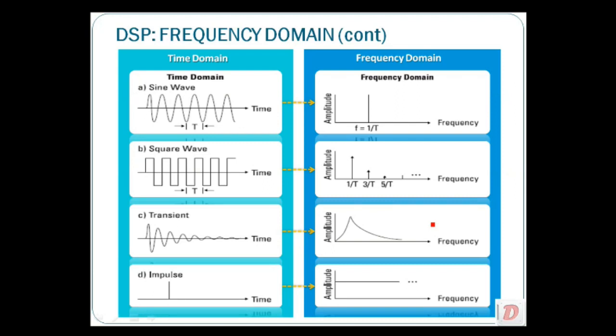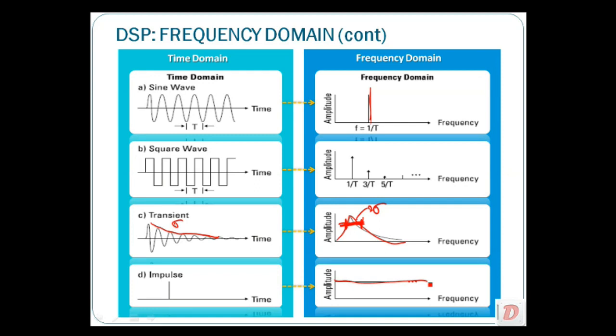Transient signals: if you have a sine wave but it is transient, because of the effect of damping it is dampened down, so instead of a very sharp peak like what you have seen here, it becomes a broad peak. The horizontal axis here basically shows you the damping effect, sigma. If you have an impulse in time, then when you go to frequency, it will give you a straight horizontal line, as you have seen here.